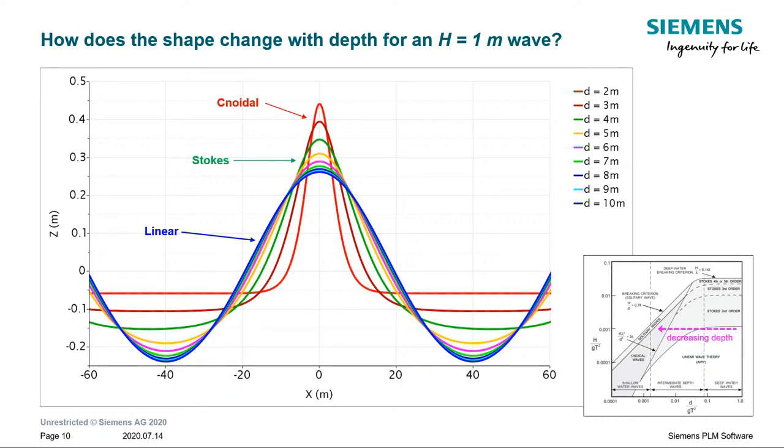Then we move towards the Stokes theory as the depth decreases, and when we come to very, very shallow water, the shape becomes the red cnoidal wave. As you can see, the peaks become more and more sharp, while the troughs of the waves tend to flatten out. And this is really what we experience when we look at the sea near the beach in the summer.